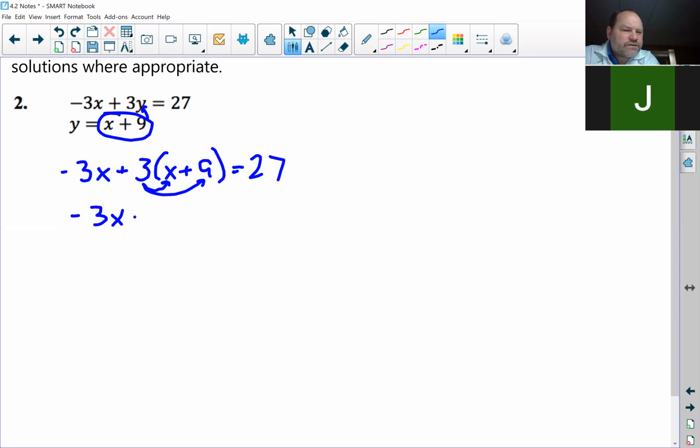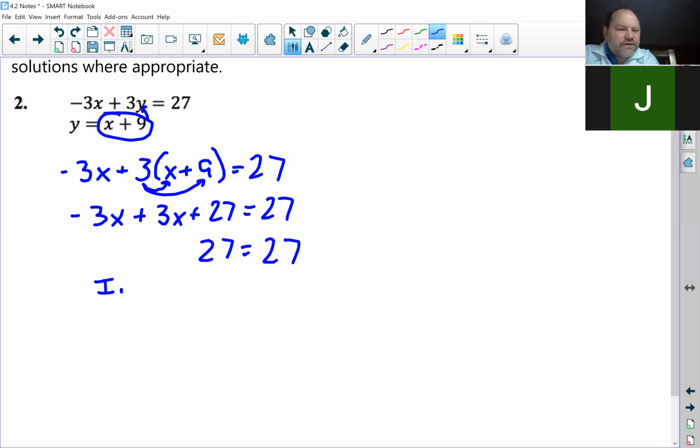Negative 3x plus 3x plus 27. Negative 3x plus 3x, that's 0. So combining my like terms, I get 27 equals 27. That is always true. So we get infinitely many solutions.